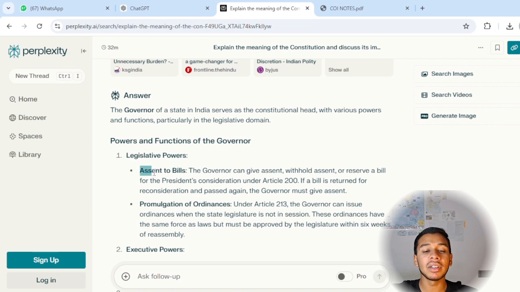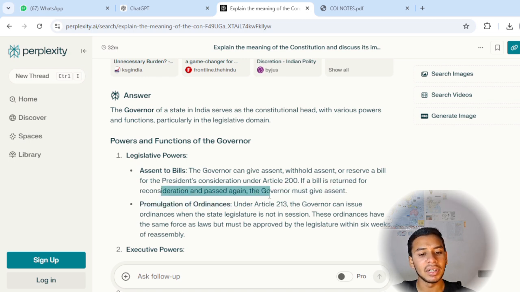Talking about the powers and functions of a governor, the first one would be the legislative powers. Within that, assent to bills. The governor can give assent, withhold assent, or reserve a bill for the president's consideration under Article 200.